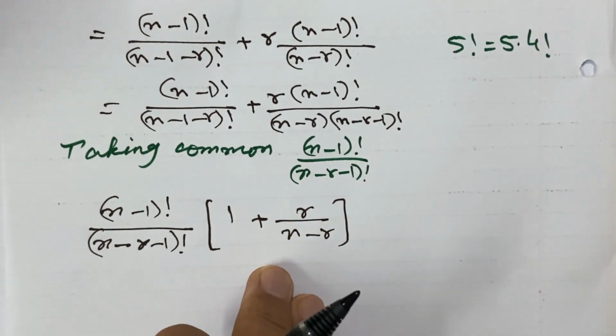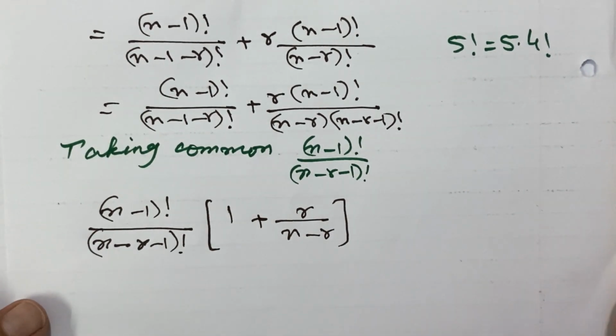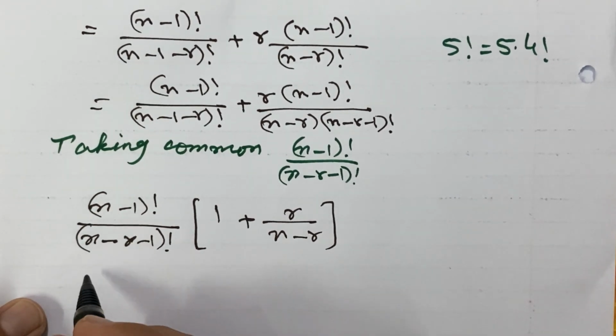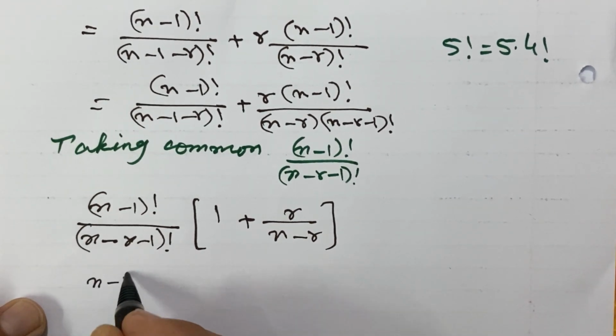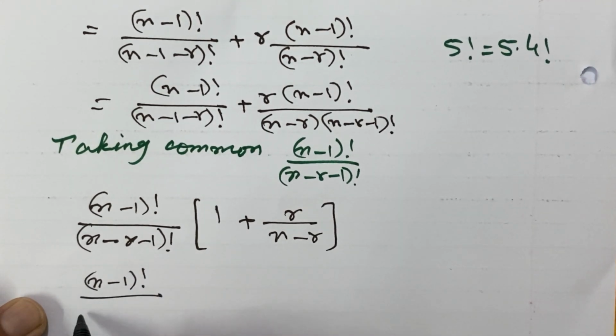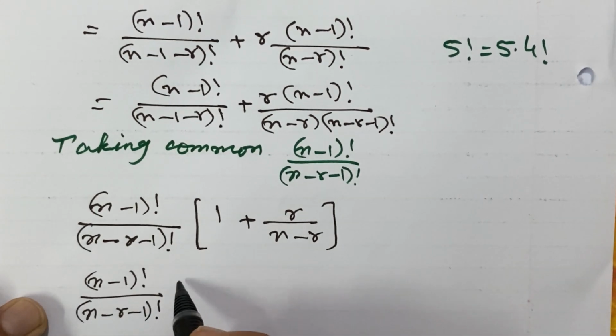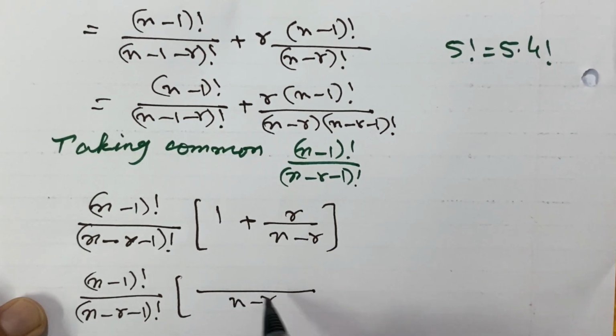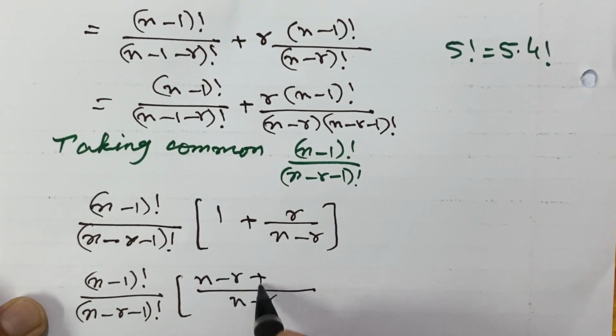Now taking LCM, (n minus 1) factorial over (n minus r minus 1) factorial. Here n minus r plus r.